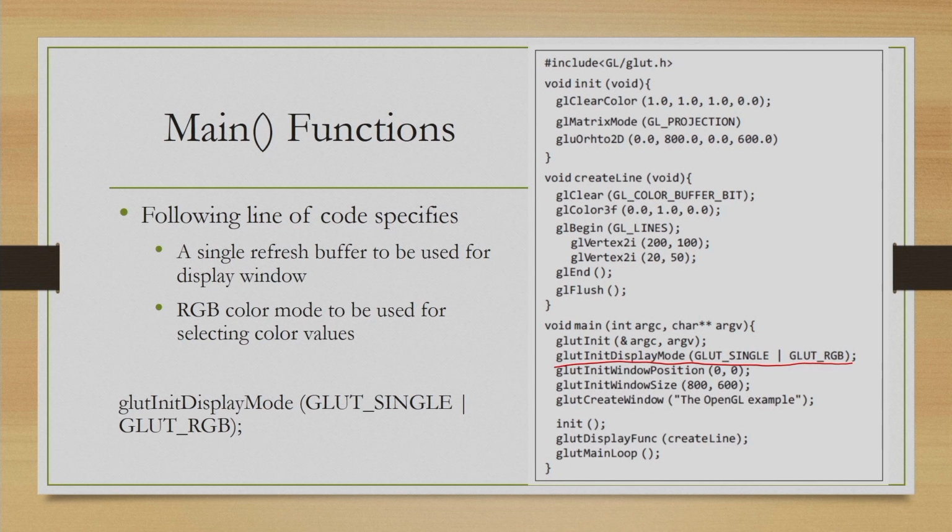They indicate that we are specifying a single refresh buffer to be used for the display window and RGB color mode to be used for selecting color values. GLUT_SINGLE is for the first task, single refresh buffer, and GLUT_RGB indicates that RGB color mode is to be used.